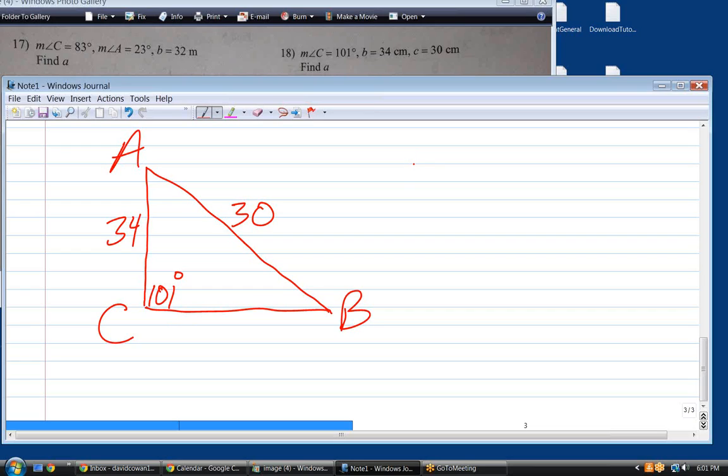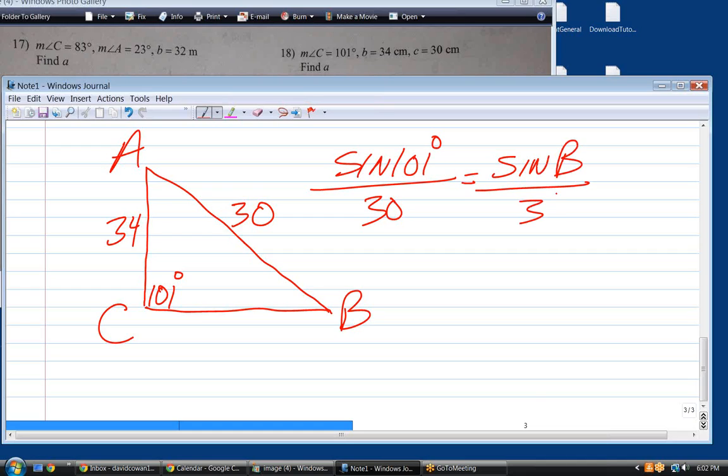What's the first thing you're going to figure out? Can we figure out angles A and B? Not A yet. We can figure out angle B because we have the relationship between opposite side and angle. So we have sine of 101 over 30 is equal to sine B over 34. Okay, let's go through that.